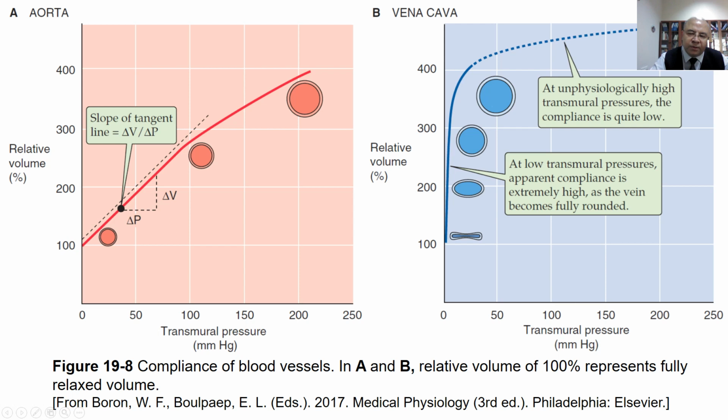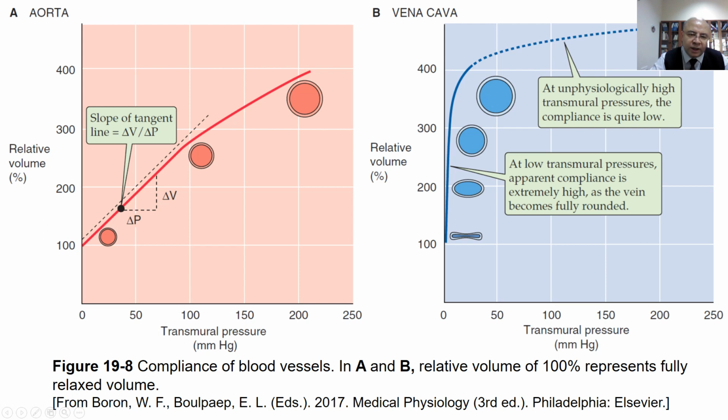So not only does the pressure increase, so the volume increases, but also the shape of the vein changes. So in the very low pressures, the volume increase in veins is extremely high compared with the aorta here. It is rather low compared with the vein.